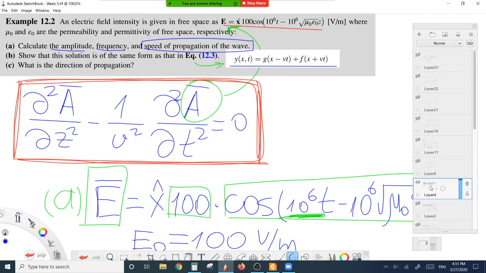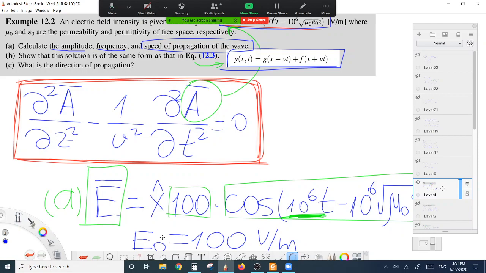So our solution, which is this, is exactly in the same form as this function. So how can we prove this?